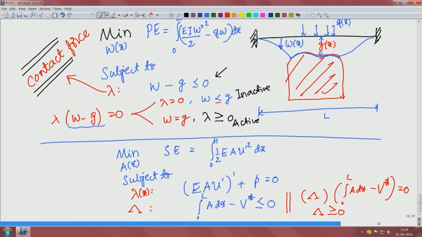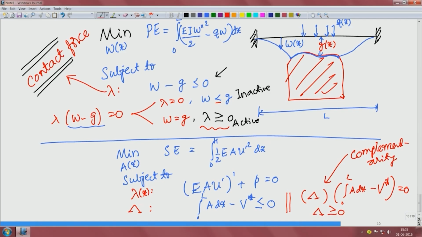Just like in the previous problem, where we wrote lowercase lambda greater than or equal to 0 at every point in the domain, here it is an unknown constant greater than or equal to 0. This is the complementarity condition.